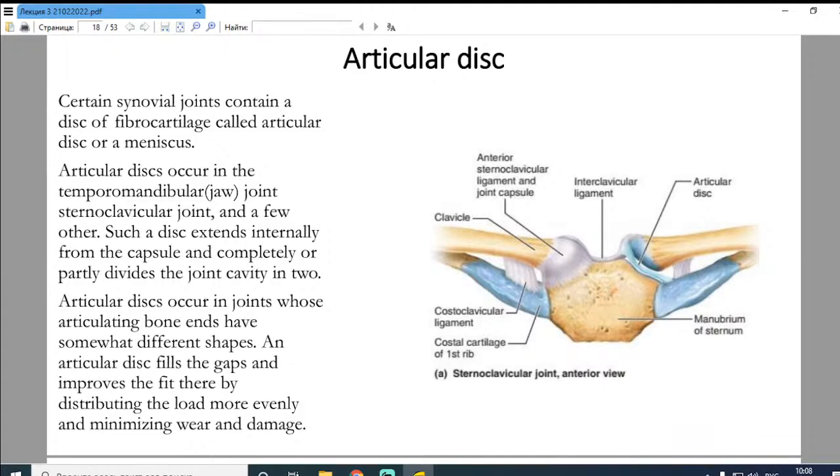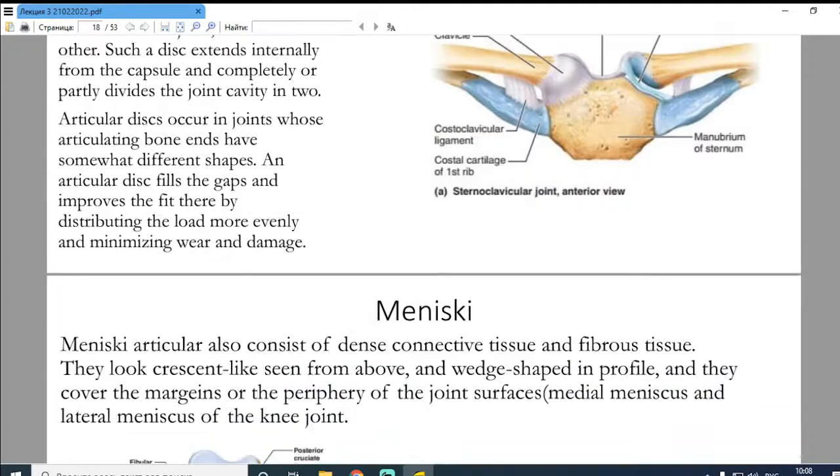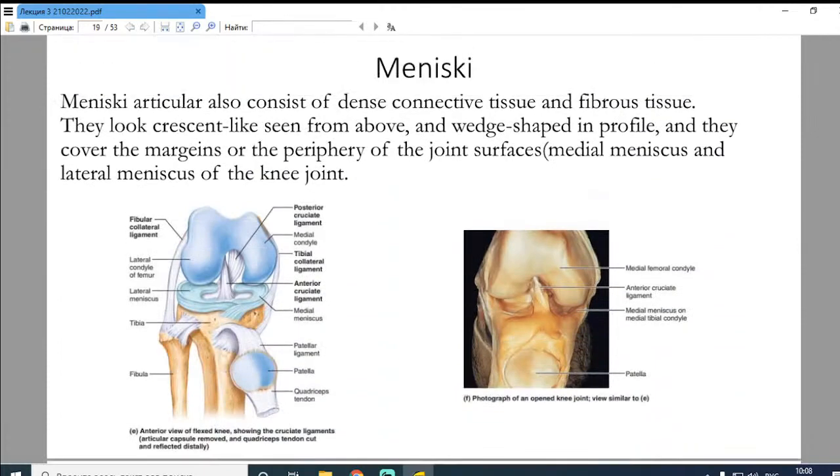So, next. Menisci. Menisci articulares also consist of dense connective tissue and fibrous tissue.